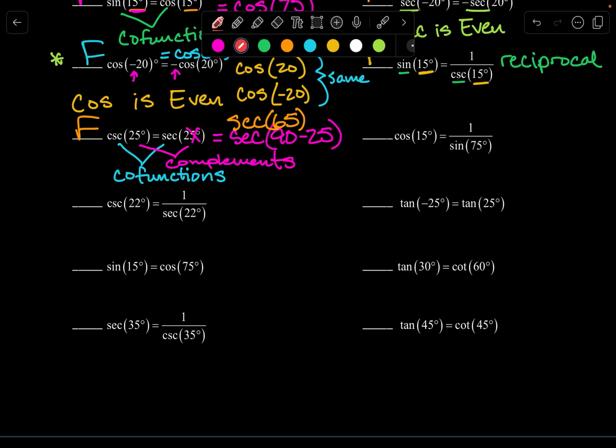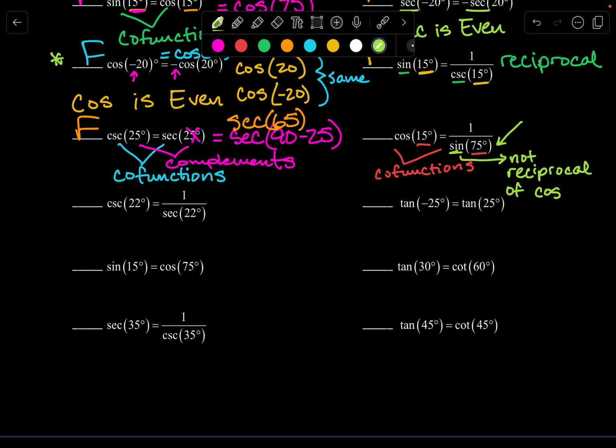Now this next one looks close. Cosine and sine are cofunctions, and 15 and 75 are complementary, but the fact that the sine is under 1 throws off the entire thing. Sine is not the reciprocal of cosine.